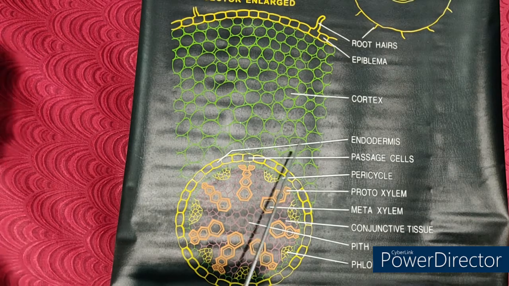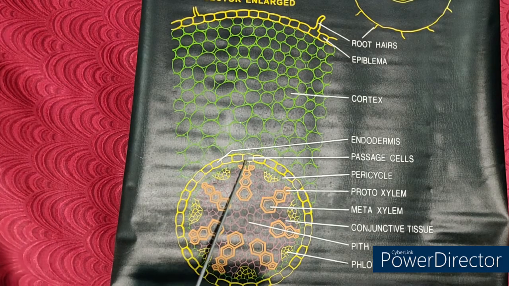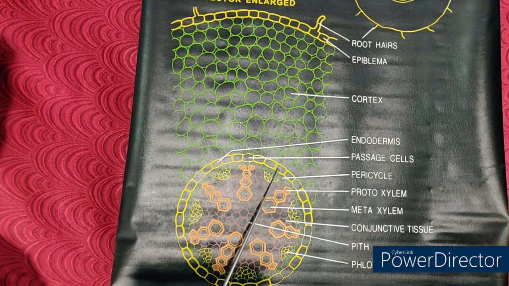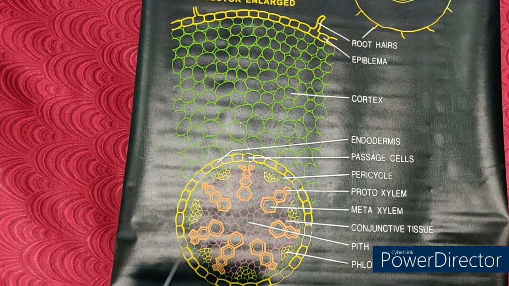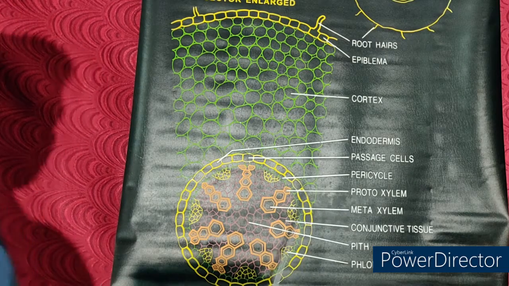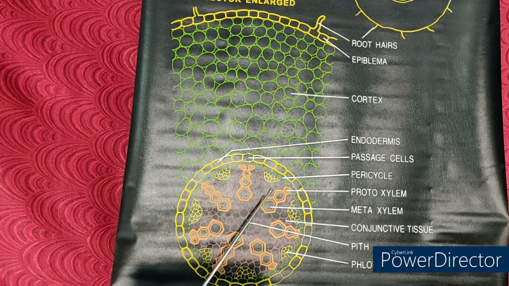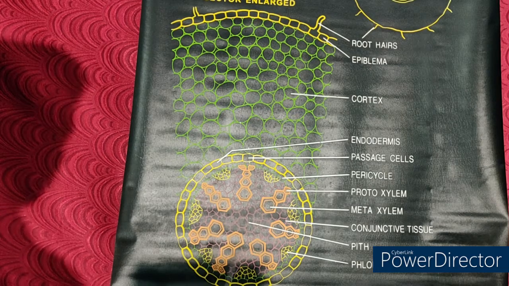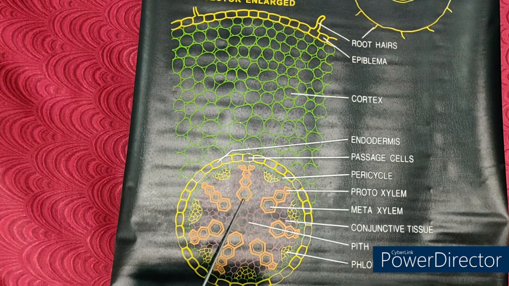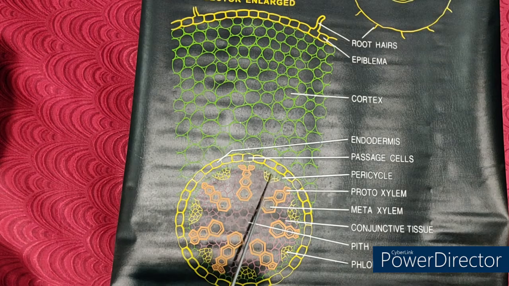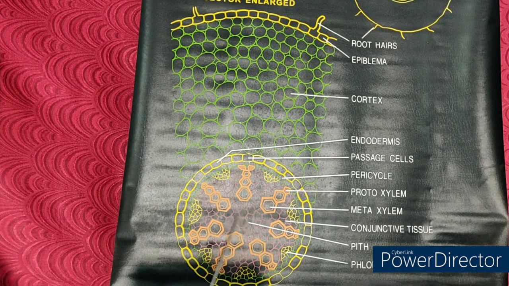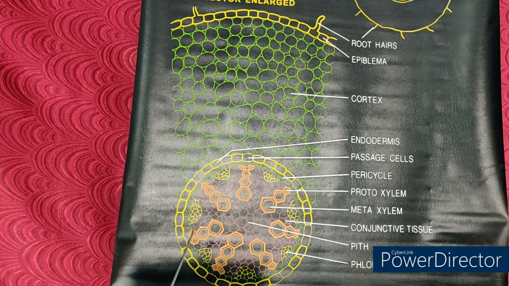And as we learned in dicot root, they are also barrel shaped, closely packed, and inside this endodermis you have stele. Stele is the collection of three important tissues. One, vascular bundle, that is xylem and phloem. Second is the pith, and third one is a single layer of pericycle.